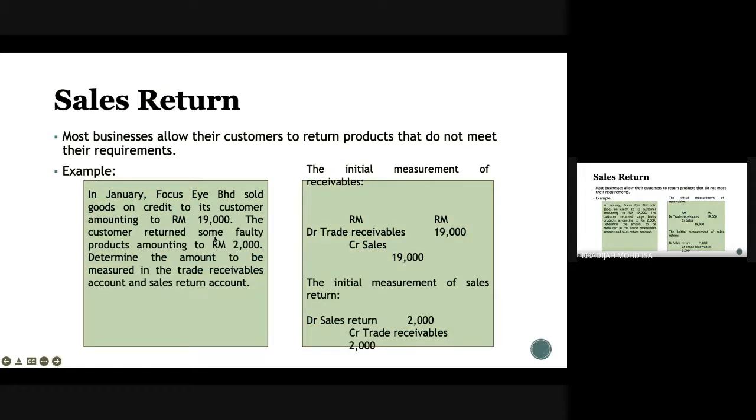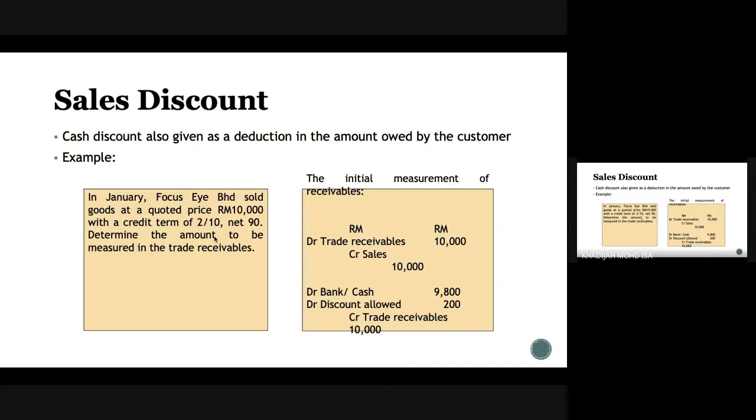Right? So the initial measurement of receivable is that initially it was quoted at 10,000. So you debit your receivable 10,000, credit sales of 10,000. But if 2/10, net 90, it means that if you pay within 10 days, I will give you a 2% discount, otherwise it's net at 90.